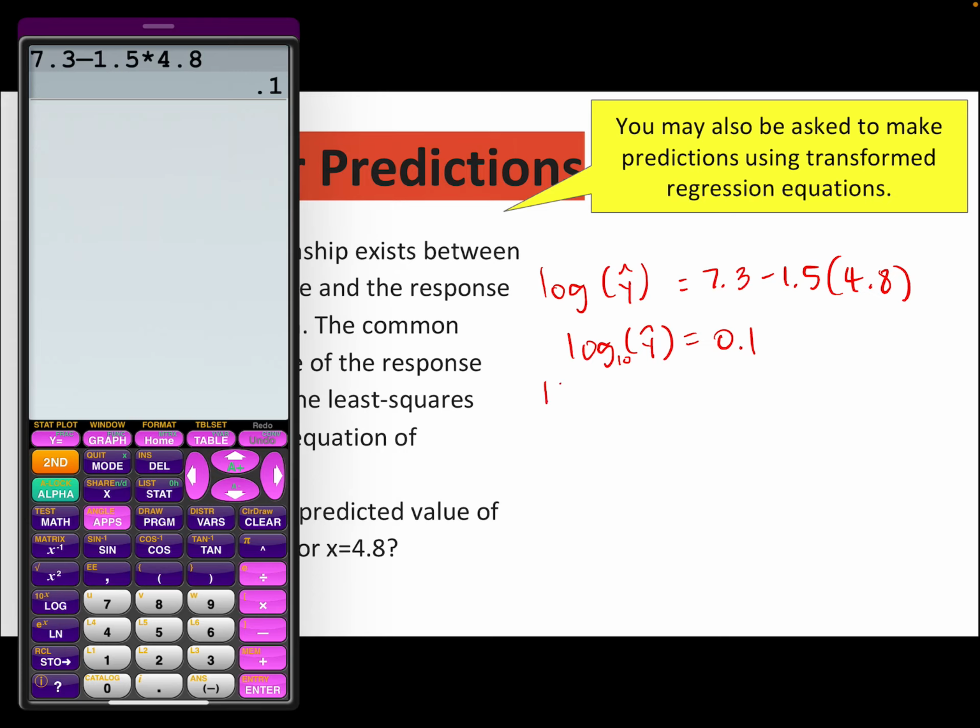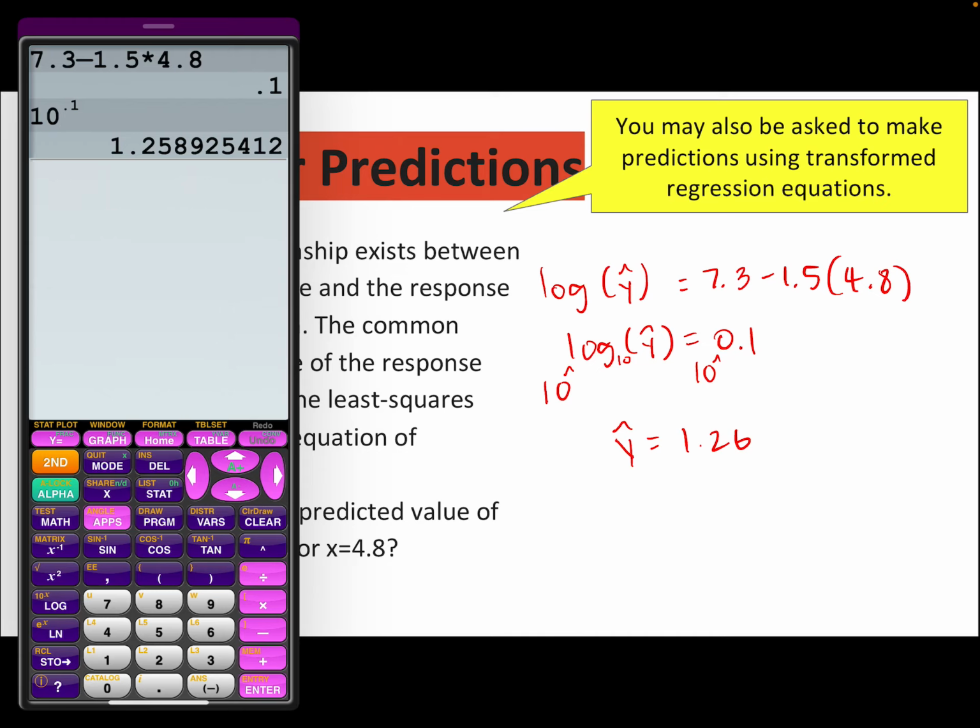So I'm going to say 10 to the on both sides. And what that does is it cancels out the log, because 10 to the and log base 10 cancel out, and we're left with y. And then 10 to the 0.1 is 1.26. We round it. So that's our value of y.